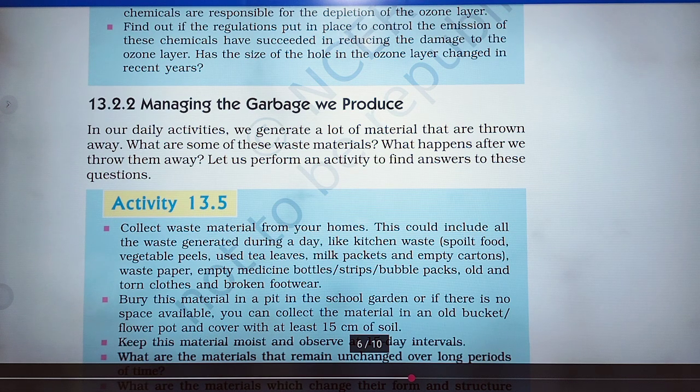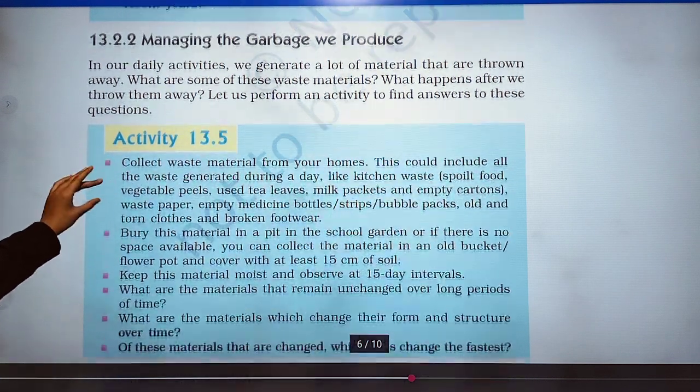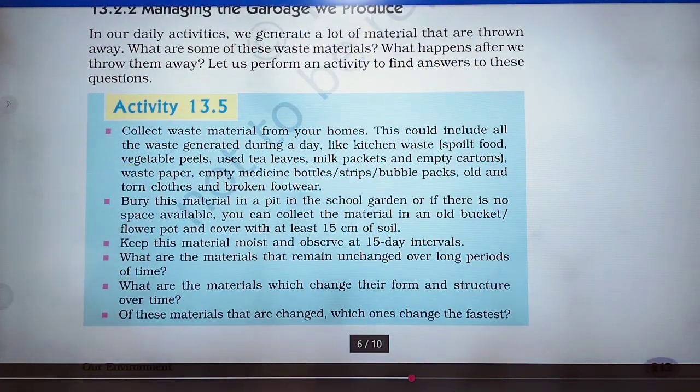Bury this material in a pit in the school garden, or if there is no space available, you can collect the material in an old bucket or a flower pot, and cover it with at least 15 centimeters of soil. Okay, we have to put all these things under the ground.